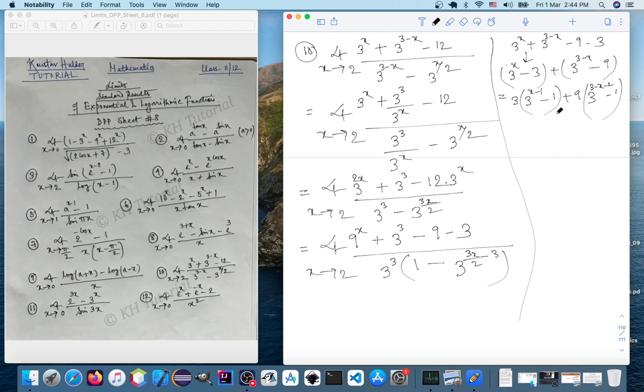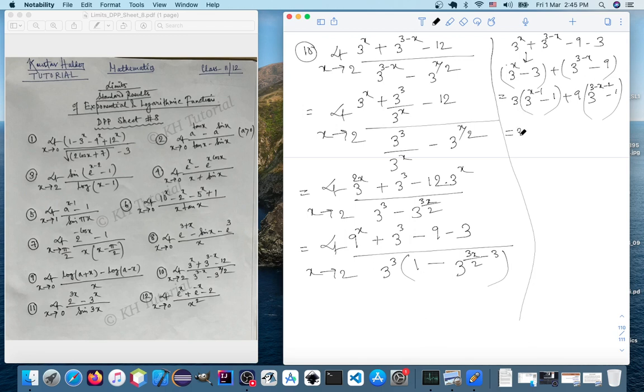3 common, 1 minus x. Okay, so this is basically minus 3, this is 3 minus 9. If I take 9 common, I will get 3 to the power 3 minus x by 9 square minus 2.